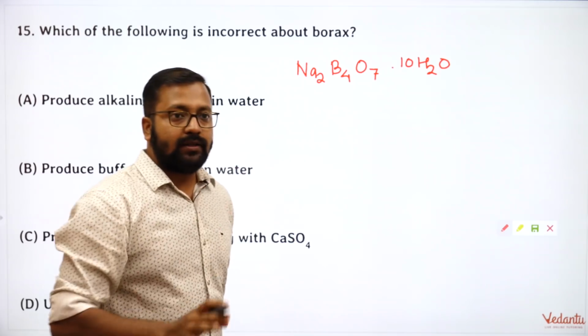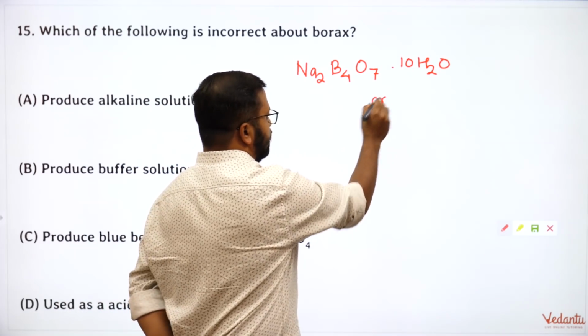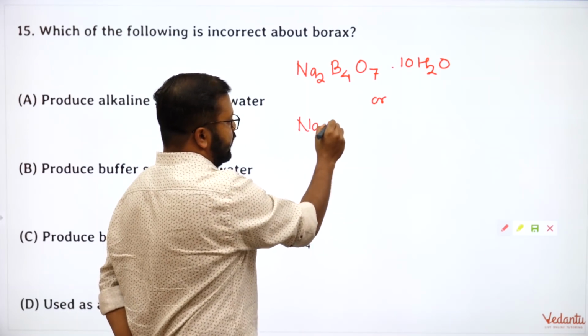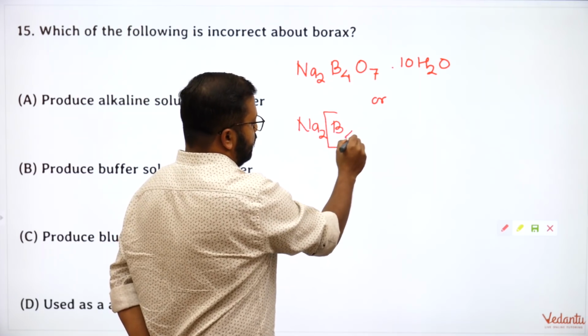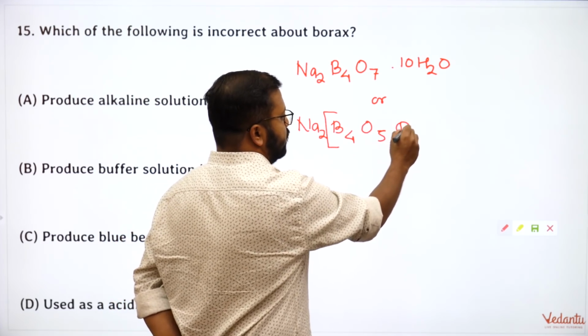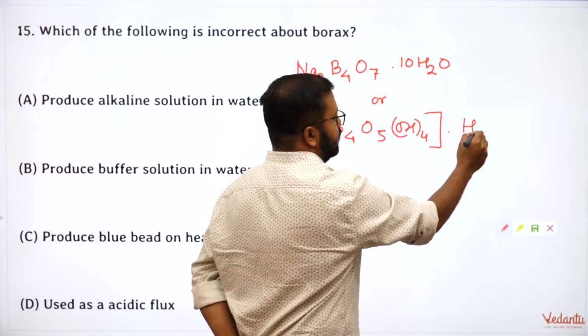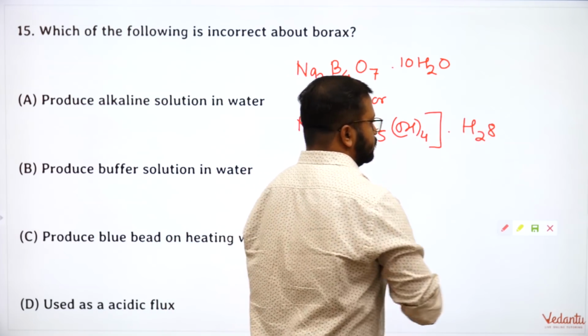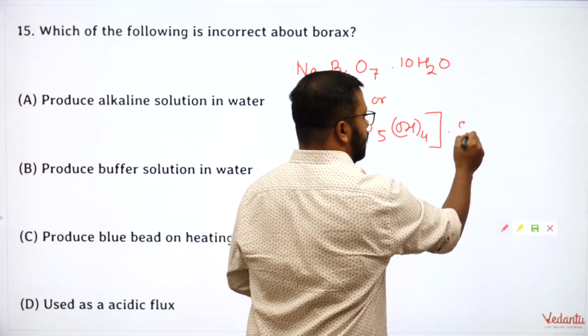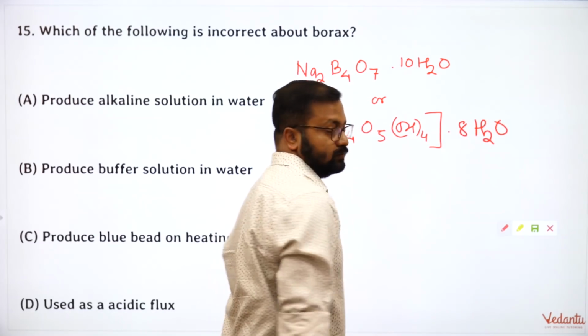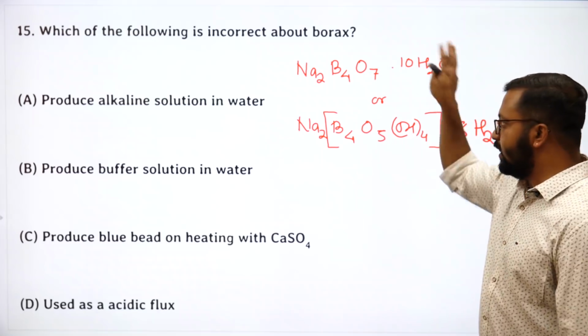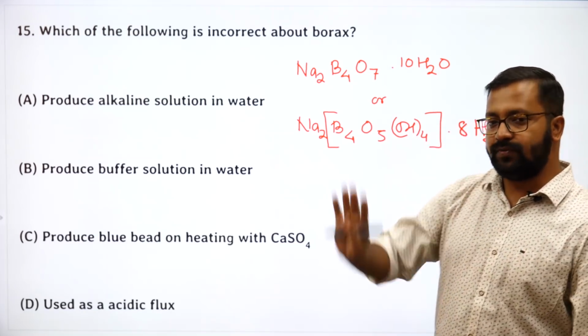I can also write this as Na2B4O5OH4 dot 8H2O. It can be written in both these forms, and both of these forms are correct.